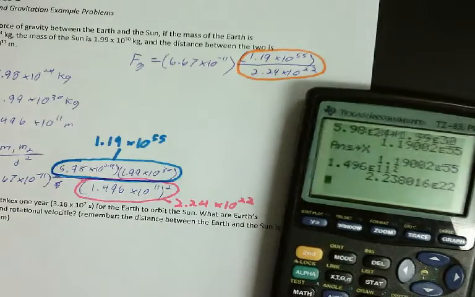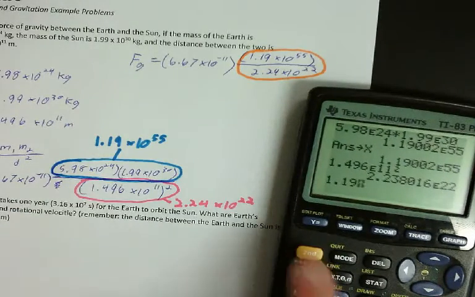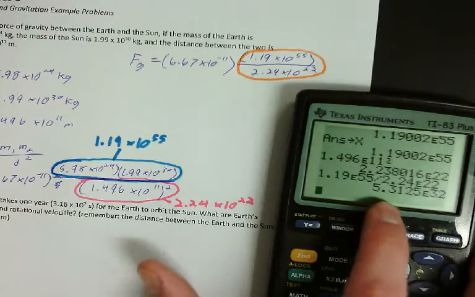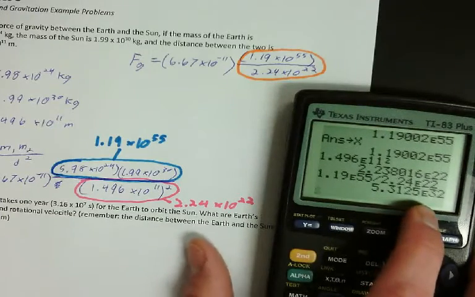So 1.19 to the 55th divided by 2.24 to the 22nd. When I divide that, it gives me 5.31 to the 32nd.